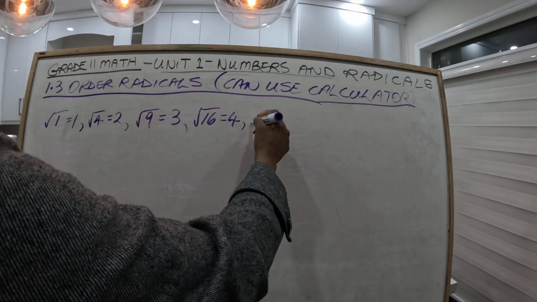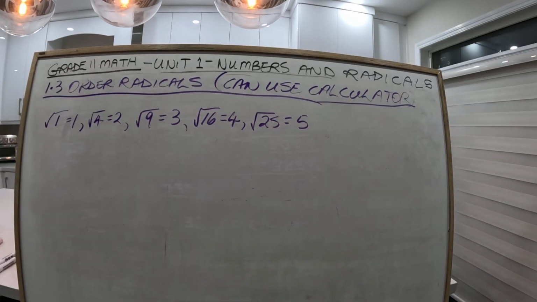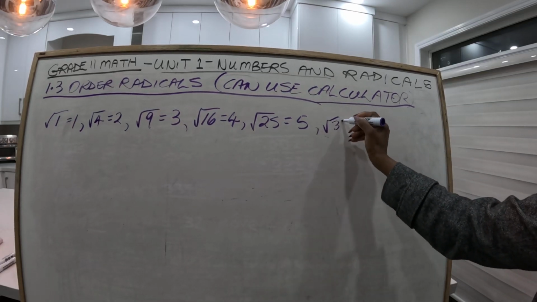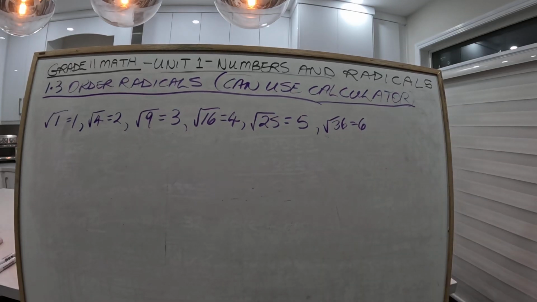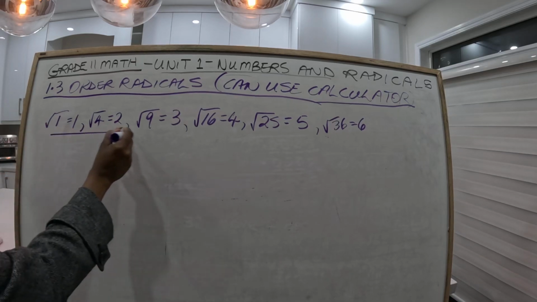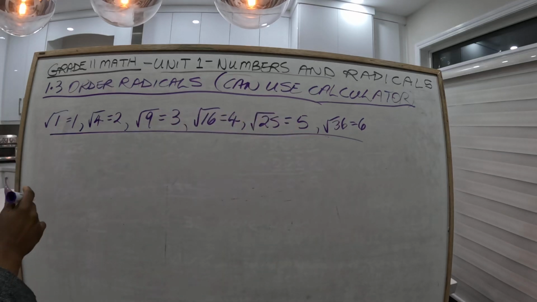The square root of 25 is equal to 5. And the square root of 36 is equal to 6. Okay. So we know this already. But let's look at another way to express other numbers that are not in this list.